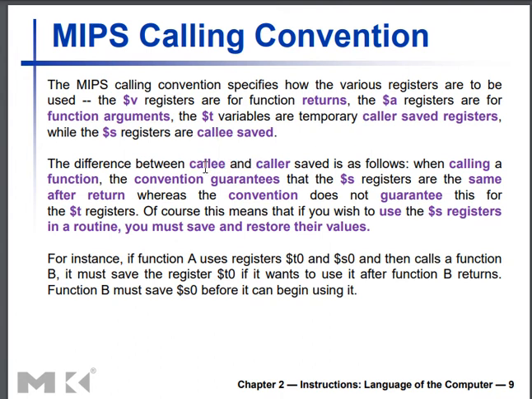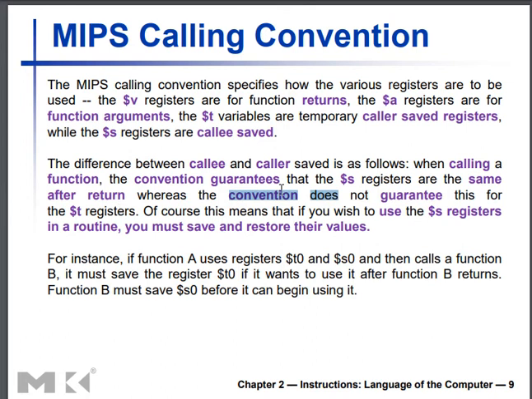So what's the difference between the callee saved registers and the caller saved registers? When you are calling a function, meaning a procedure, the calling convention guarantees that the S registers are the same after return, whereas the convention doesn't guarantee that for the T registers.